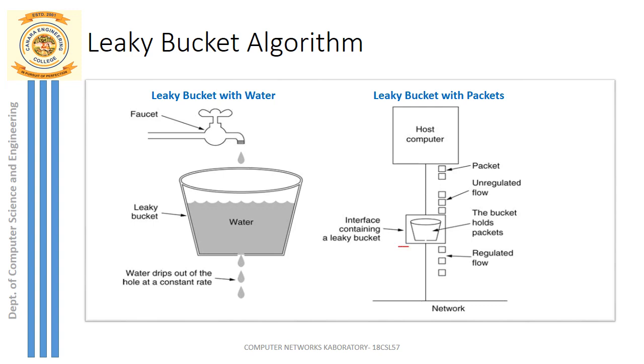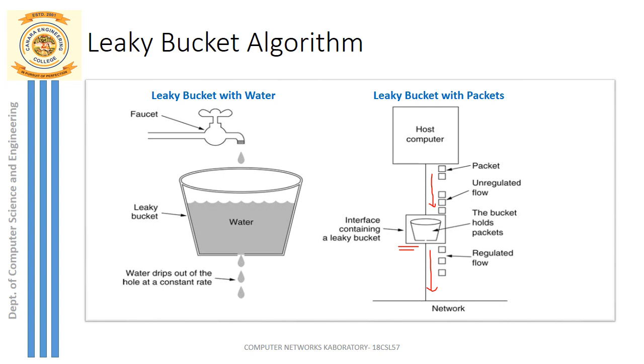So this bucket or buffer acts as the interface containing the leaky bucket, and these are the packets going into the bucket, which are an unregulated flow of packets. Through this hole, the regulated flow of packets will be sent out of the bucket.